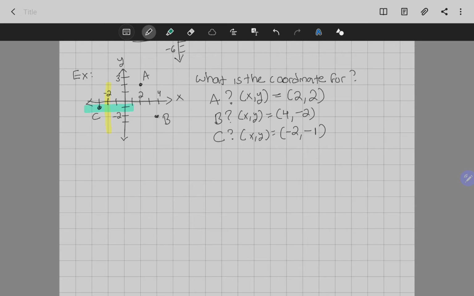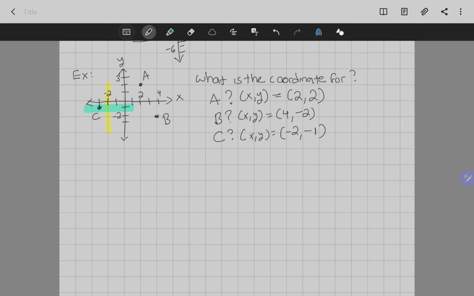Now, for the most part, about half of your problems are going to be just identifying different points. And then it switches to something where you're finally being asked to graph an equation. When it comes to graphing an equation, there's a couple ways we can do this.